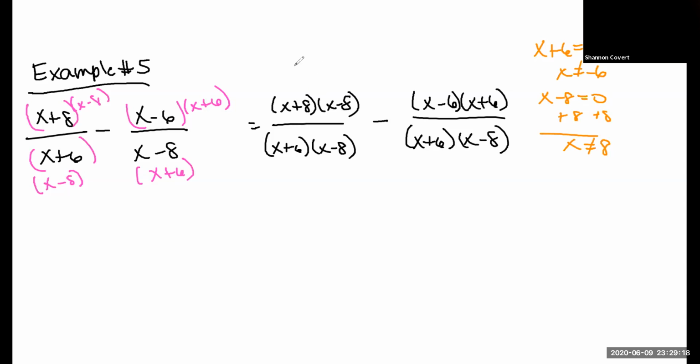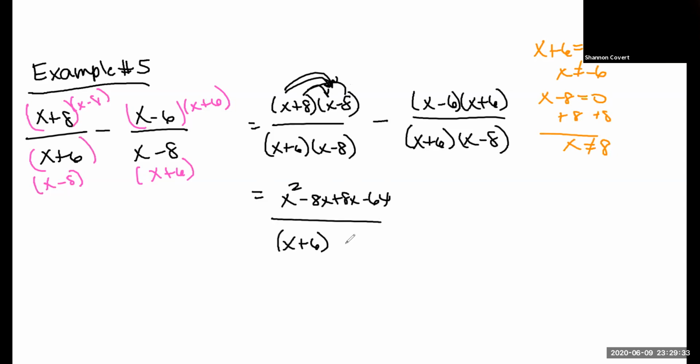Going back to the problem, we're going to distribute. The first fraction ends up giving me x squared minus 8x plus 8x minus 64 over x plus 6 times x minus 8.